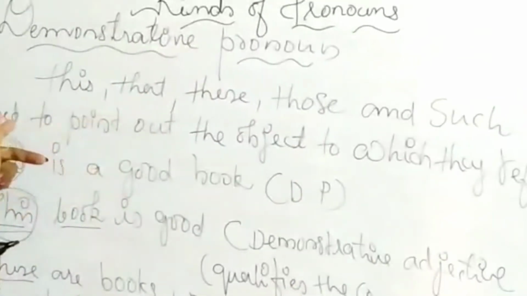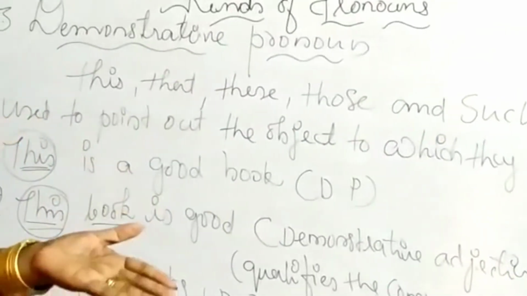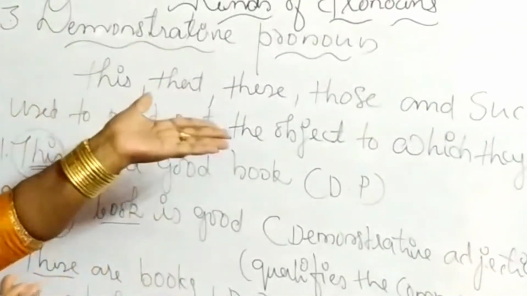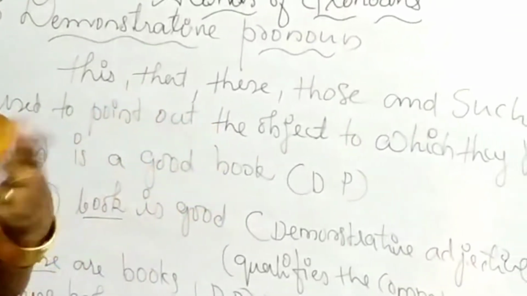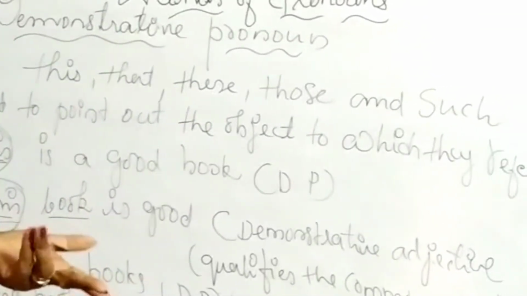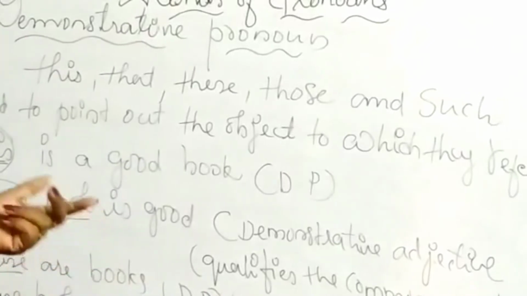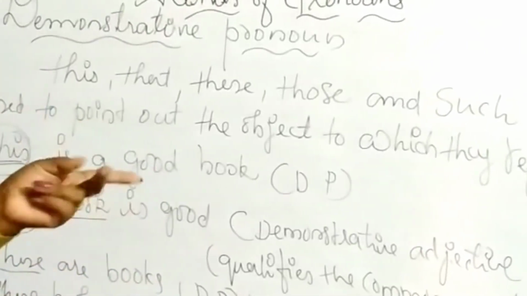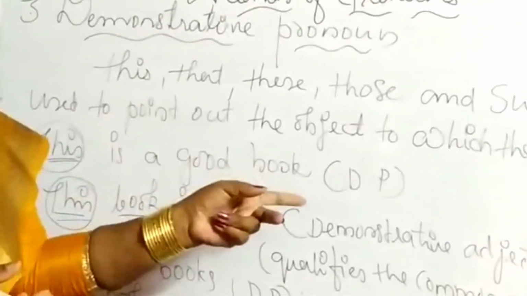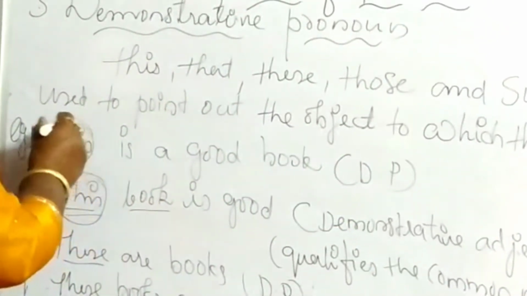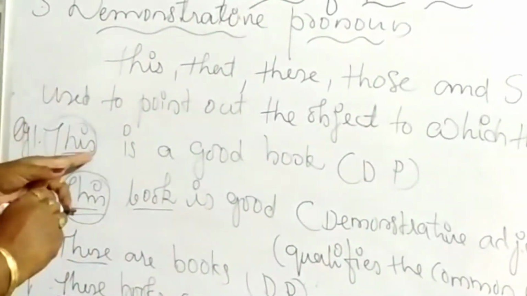Understood? Once again, under demonstrative pronouns we use this, that, these, those, such, to point out the object to which they refer. It's very interesting. Are you all following me? The first example, this is a good book: demonstrative pronoun.